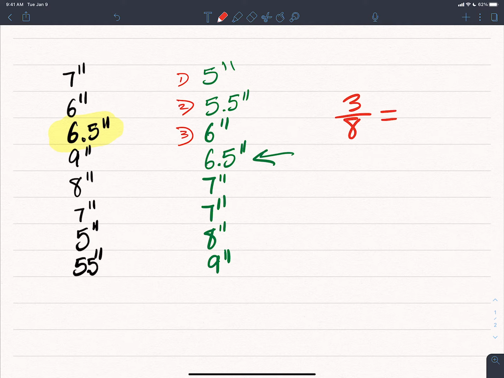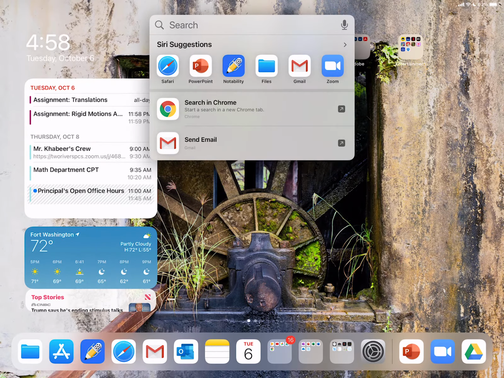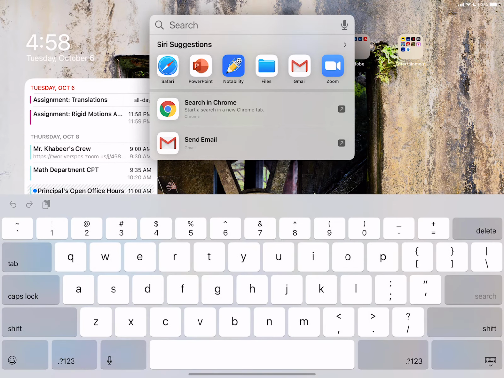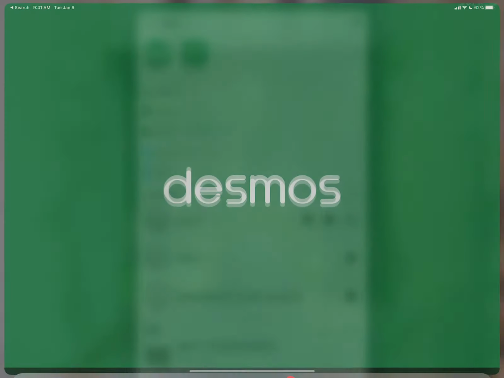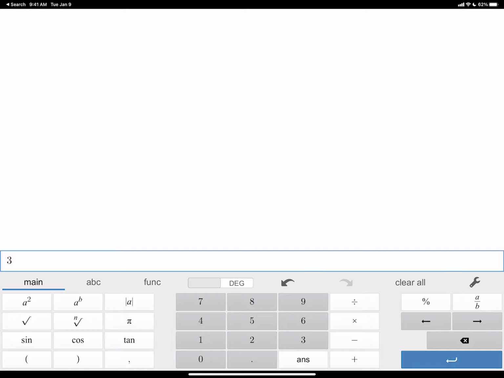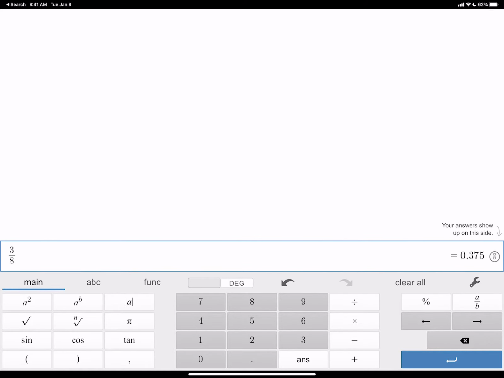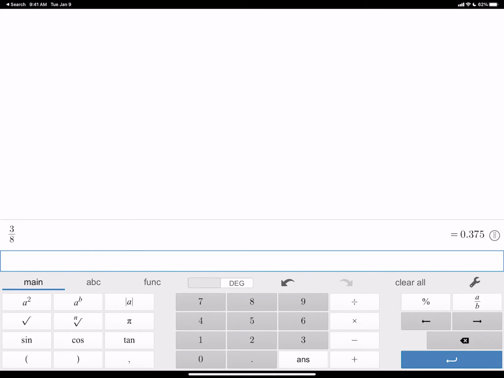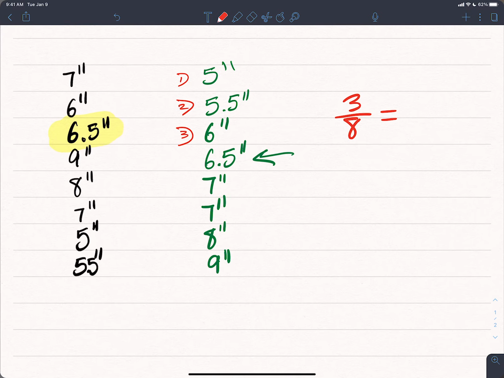Now we need to do this division. So let's do this really quickly. So we have 3 divided by 8, and we get 0.375.